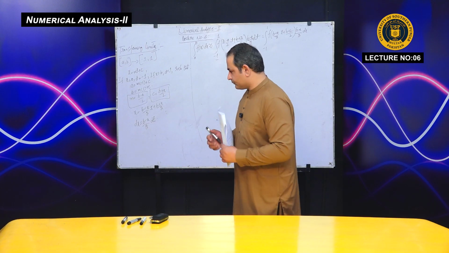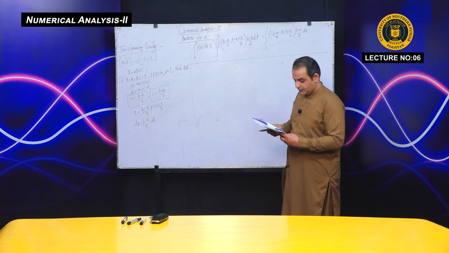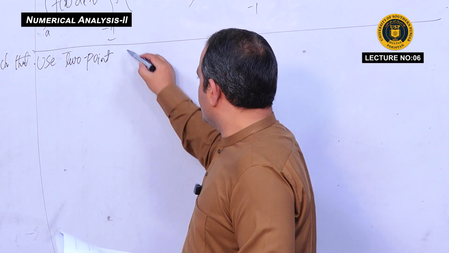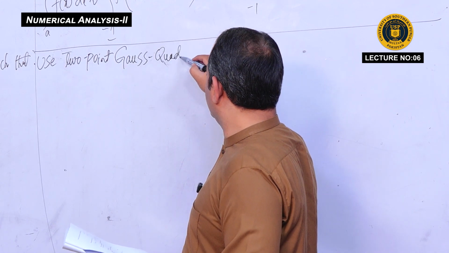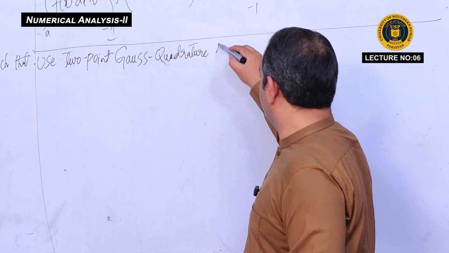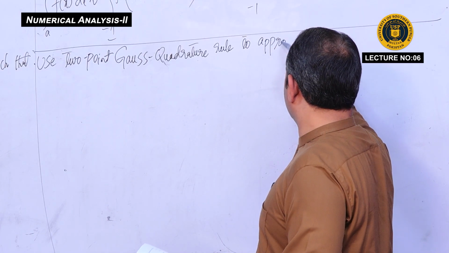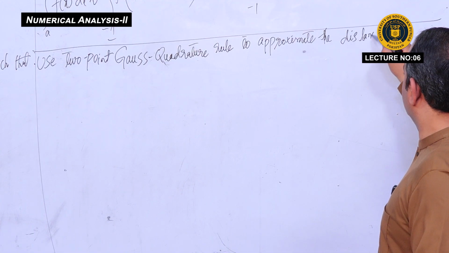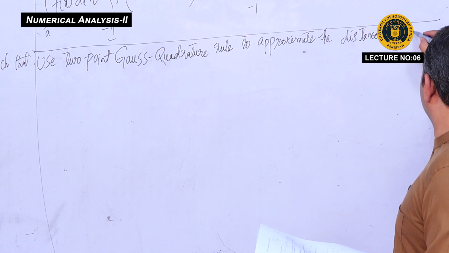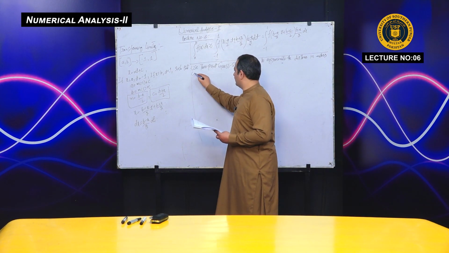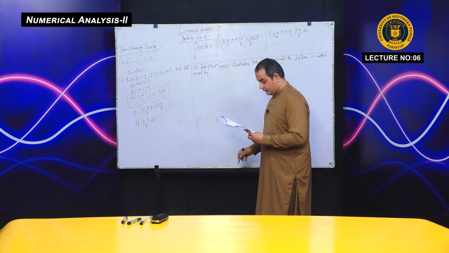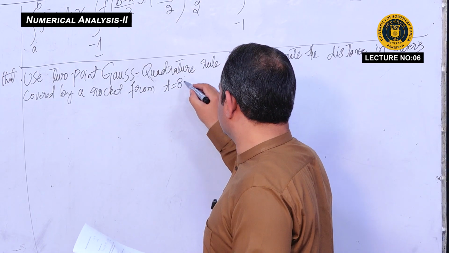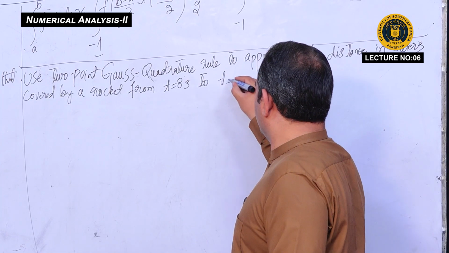Okay, now we can implement an example. Use the 2-point Gauss quadrature rule to approximate the distance in meters covered by a rocket from t equal to 8 seconds to t equal to 30 seconds.